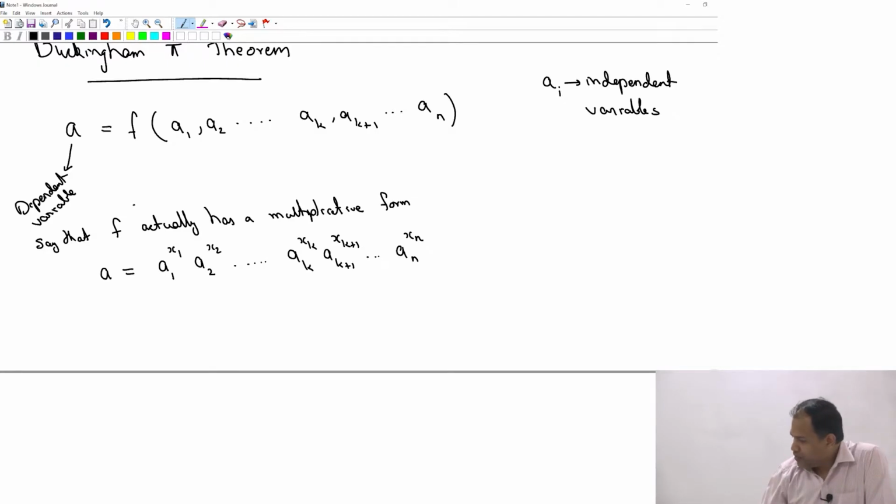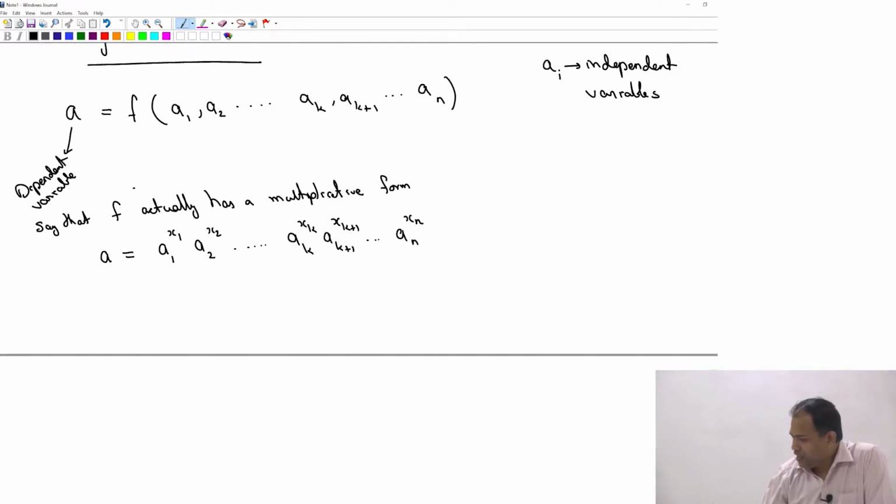If I write down the dimensions, again I'll only worry about mass, length and time. The dimensions on the left hand side should match with the dimensions on the right hand side.